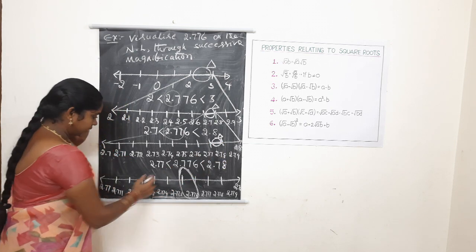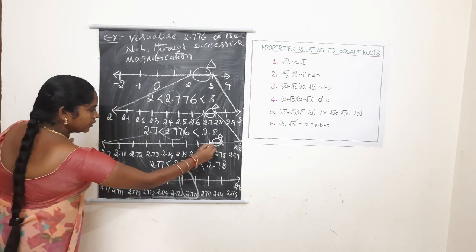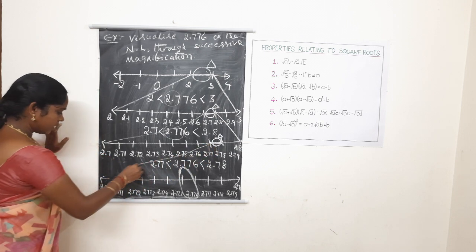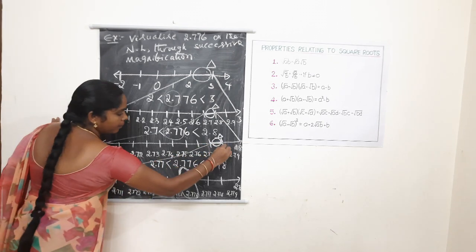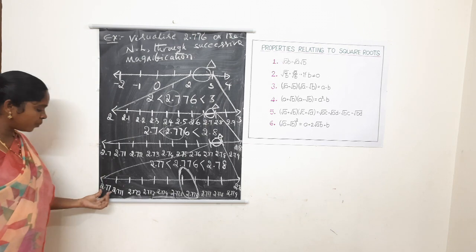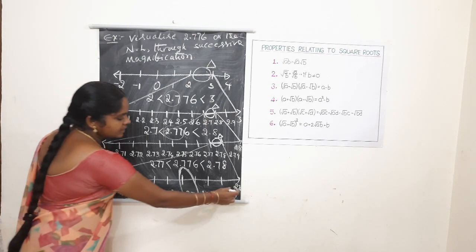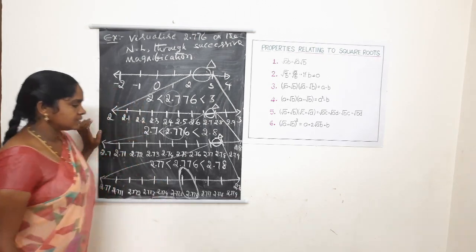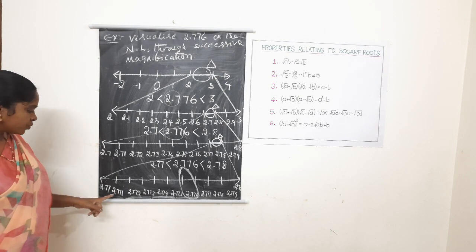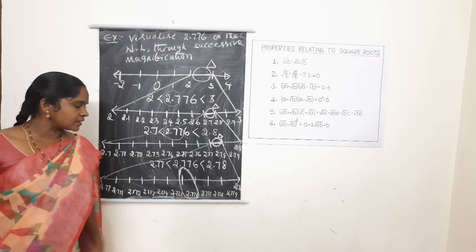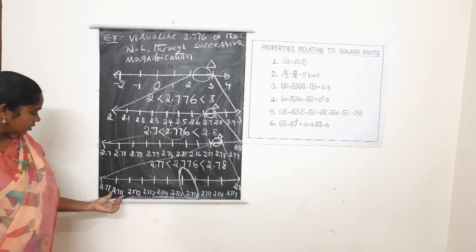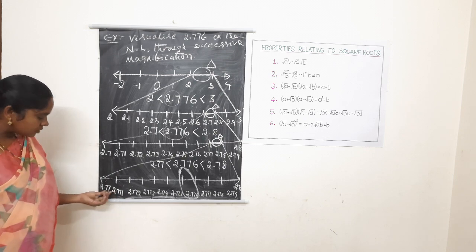So take another number line. This is 2.77 and this is 2.78. First we divide it into 10 equal parts. So first point will be 2.77 here.